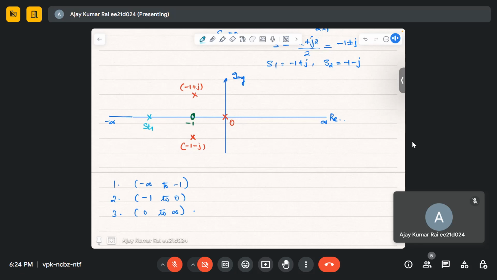To the right we have one zero and one pole, so in total we have two. What do you say, is this st1 lying on the root locus or not? Sir, it will lie.